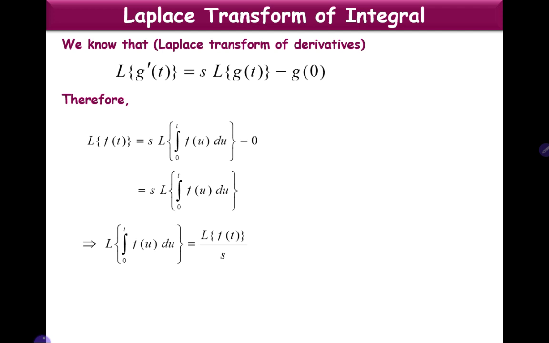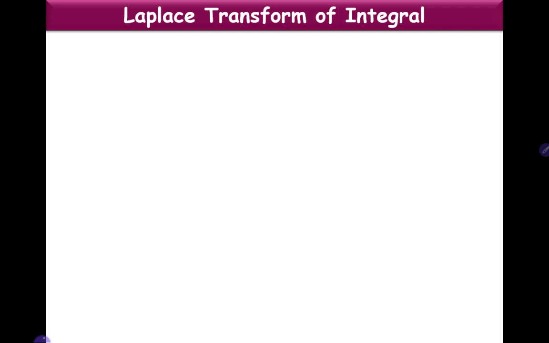Now let us apply this property to derive Laplace transforms. Let us see where this property can be applied in examples. Evaluate the Laplace transform of integral 0 to t e power minus t cos t dt. So we are asked to evaluate the Laplace transform of this integral function.